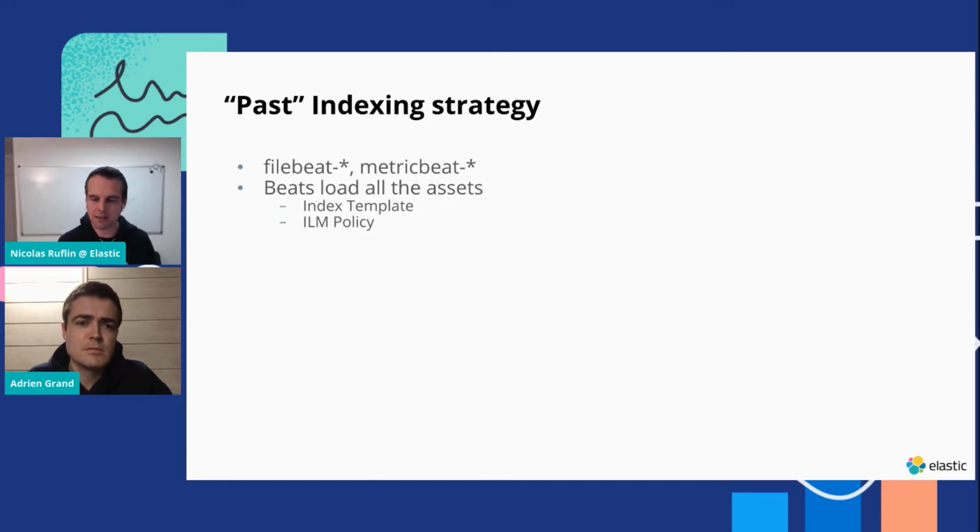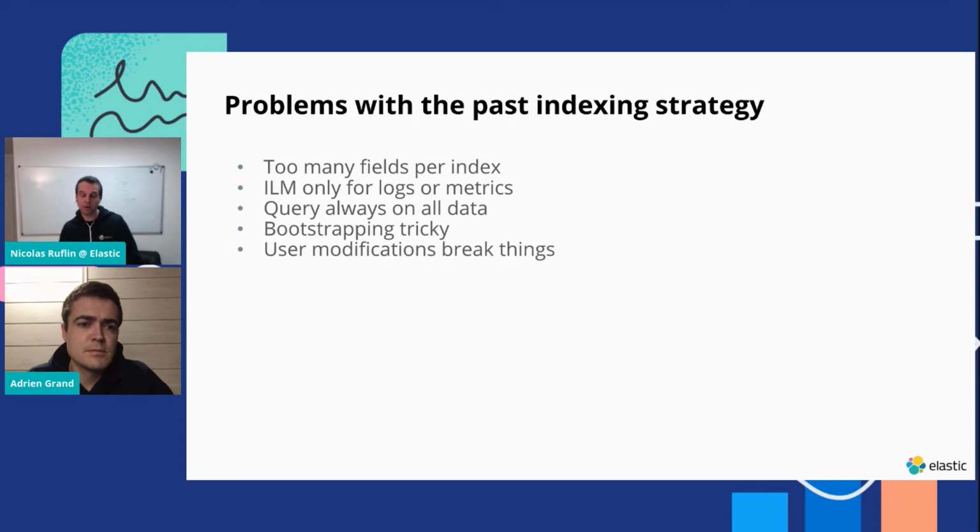Beats loaded all the assets like index template and ILM policy. Let's say it worked. But there were a few problems, and these are not only related to the Beats indexing strategy. I'm pretty sure a few of you will also have encountered these problems with your own indices. You had too many fields in a single index, which caused problems.